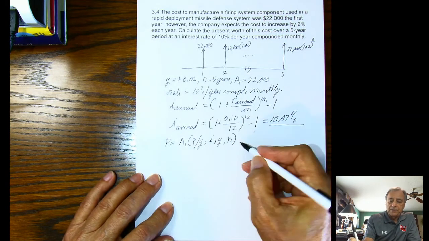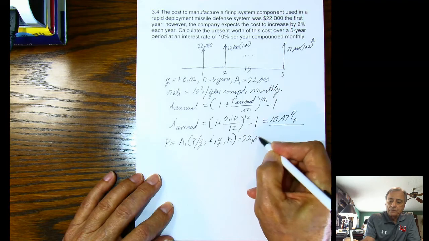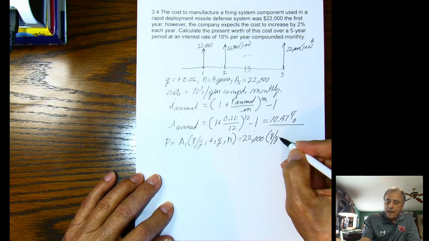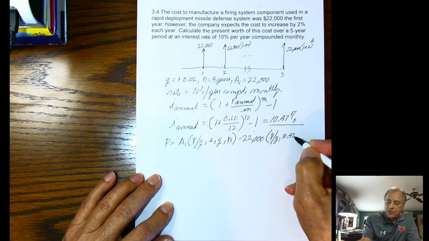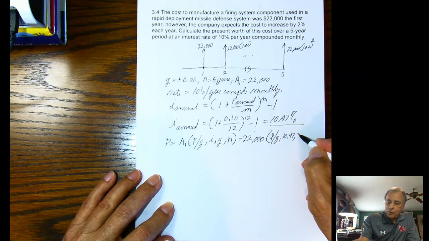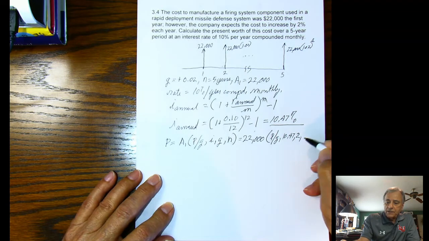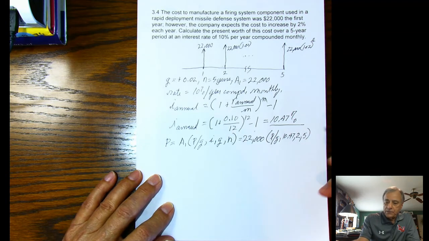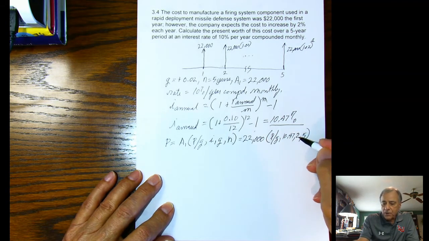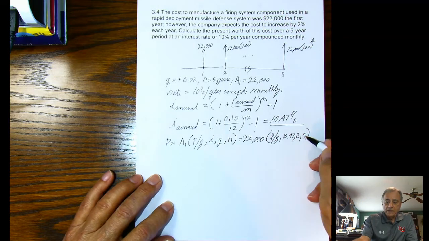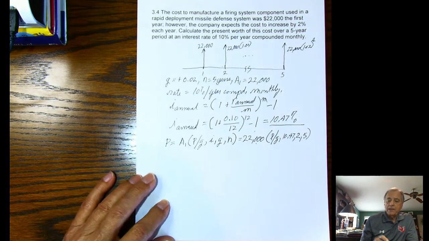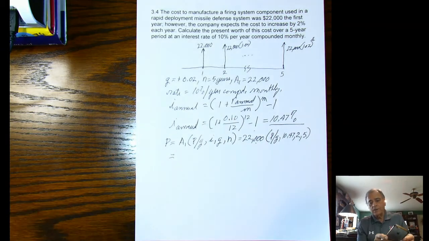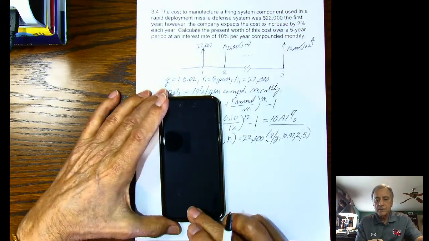This is the number of payments. So this is going to be 22,000 times P given G at 10.47% and 2%, that's your changing rate of the series, and there are 5 years. This is percent per year, this is changing rate per year, that's the number of years, and that's the first payment. You can get this off of your Engineering Economics career app.